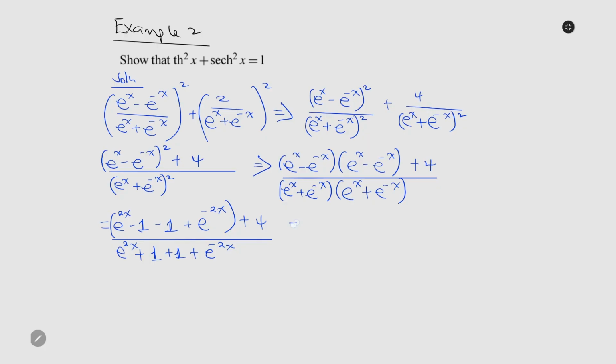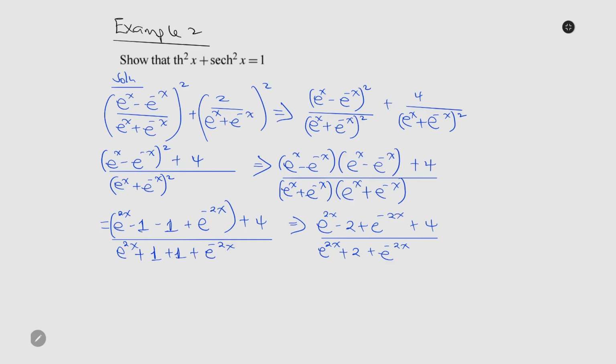Okay, again, simplified further, I will have e^(2x) minus 2 plus e^(-2x) plus 4 over e^(2x) plus 2 plus e^(-2x). I hope you can see that here we have negative 2 and here we have 4, so we can do something about that.